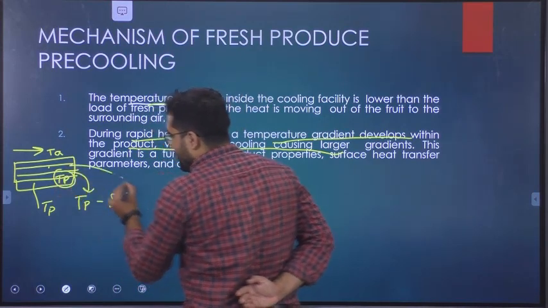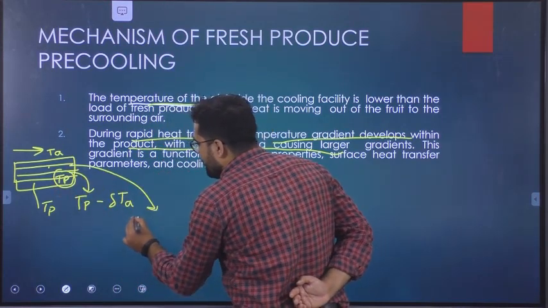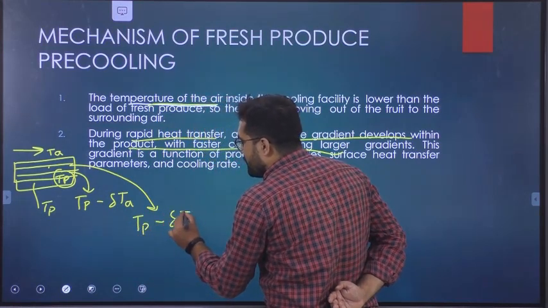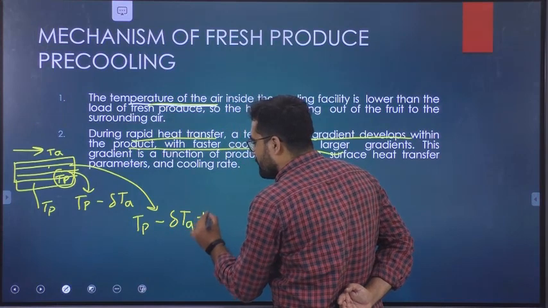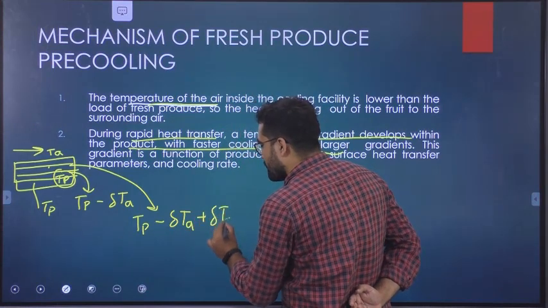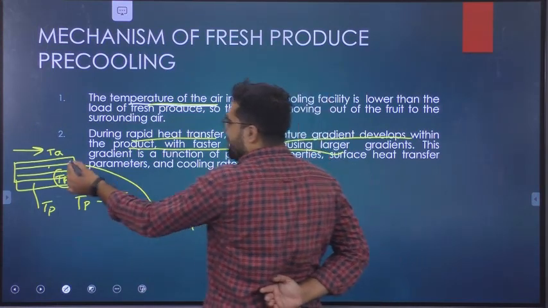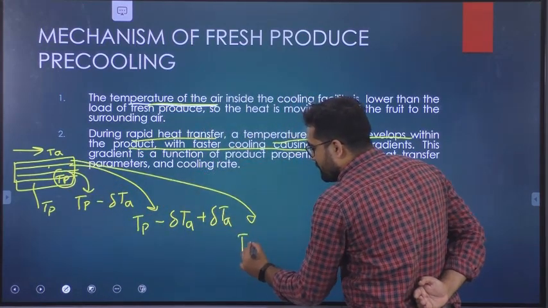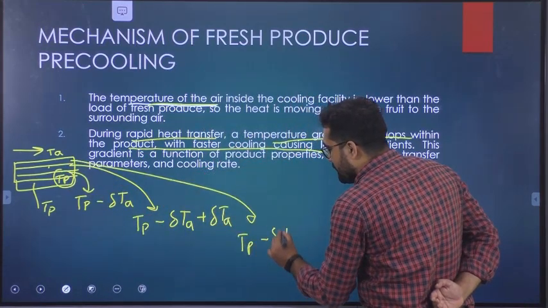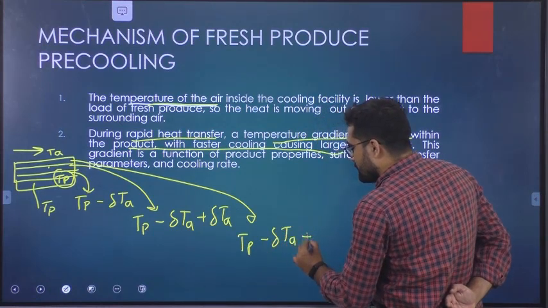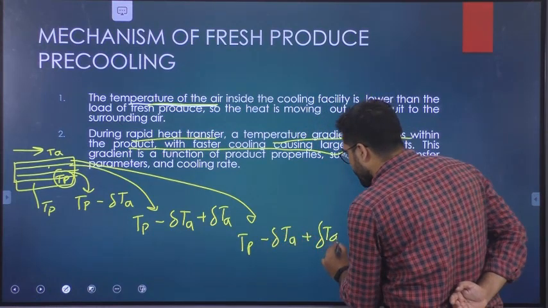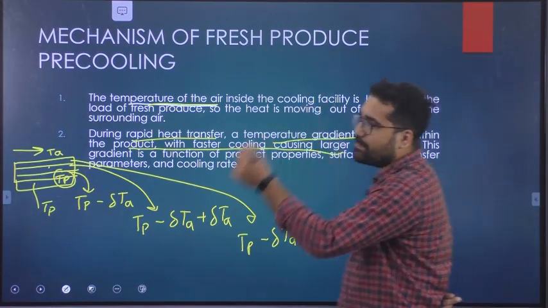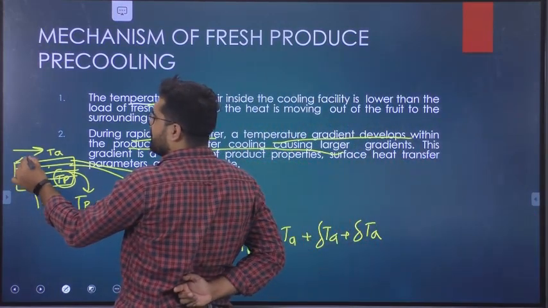The next layer will be Tp minus a fraction of Ta, minus again a fraction of Ta. So the temperature gets reduced one by one, and the top layer will be at the air temperature itself.